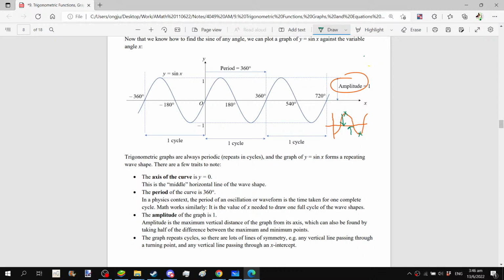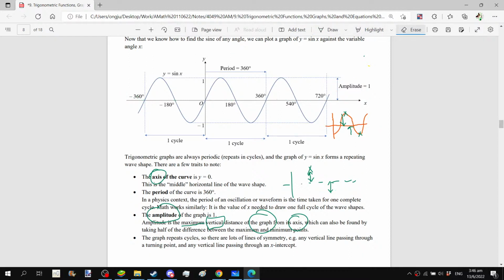And what do we mean when we say center of the waveform? This horizontal center is known as the axis of the waveform, of the sine curve. And therefore we say that the amplitude will be the maximum vertical distance of the graph from the axis. In other words, if this is the axis and then I have this wave here, the maximum distance between the axis, the dotted line, and the graph necessarily has to be the vertical distance between the axis and either the maximum or the minimum point.